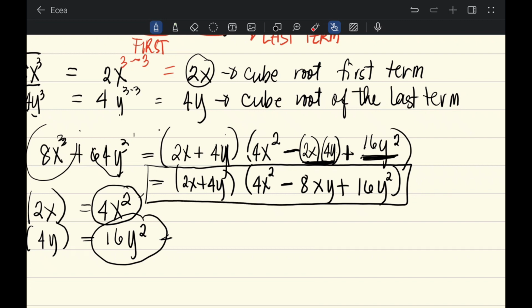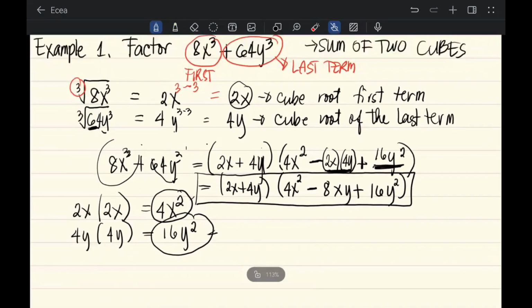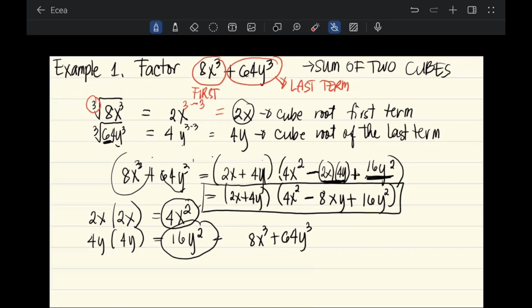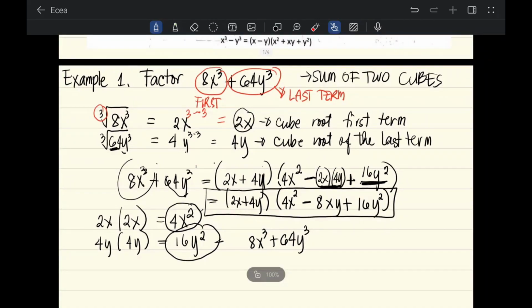Ano kadali? So, muna na itong answer as factors of 8x cubed plus 64y cubed. So, mao ni ang factors kani sila. Let me write it properly para dili maglipog.